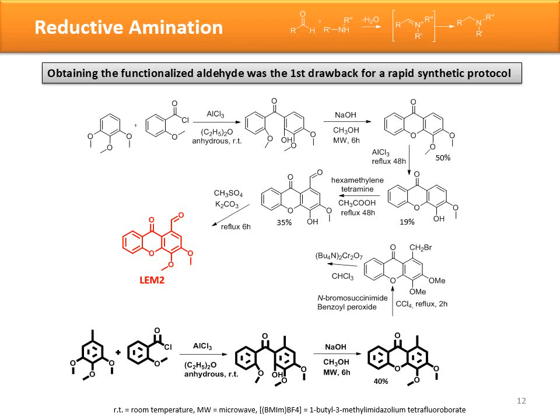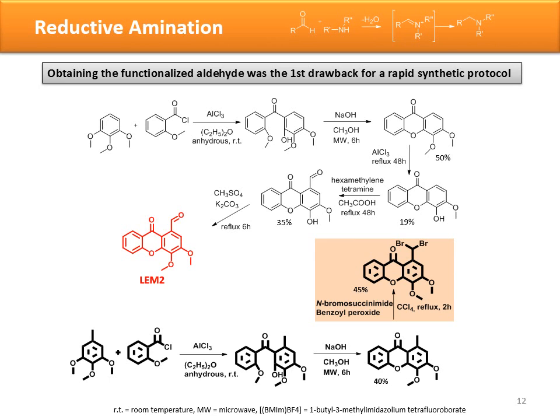What happened was that instead of one bromo group, we obtained mainly the dibromo derivative. So we searched in the literature and we used the ionic liquid 1-butyl-3-methylimidazolium tetrafluoroborate for the selective debromination to what we thought was the monobromo derivative.